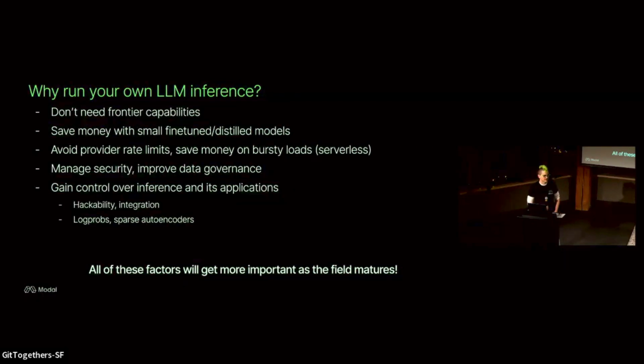A loose heuristic is, if this seemed like a good idea playing around with the initial launch of ChatGPT, it might actually be a good idea with open source models now. So that is kind of an initial go, no go, basically.